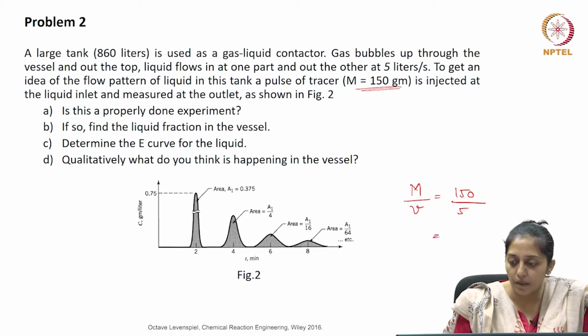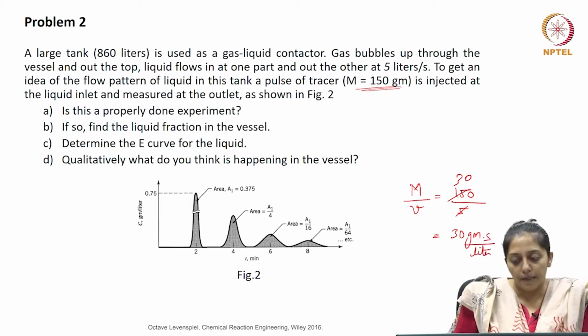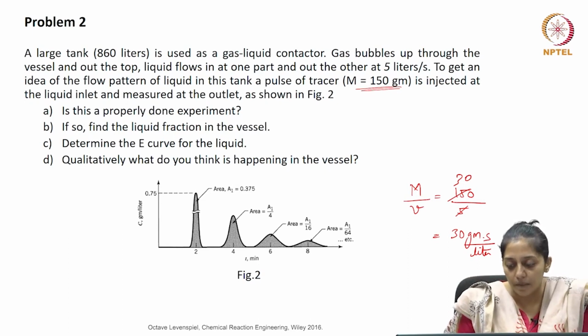So, this value comes out to be 30 grams second per liter. So, if we want to find, then let us do the sum, which is A1 plus A1 by 4 plus A1 by 16, A1 by 64 and so on.